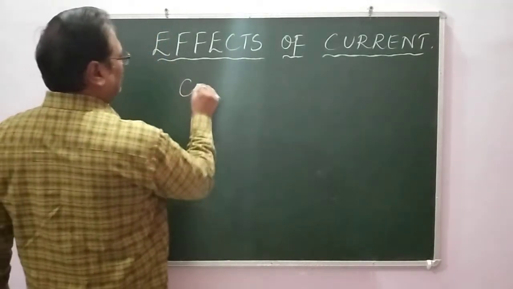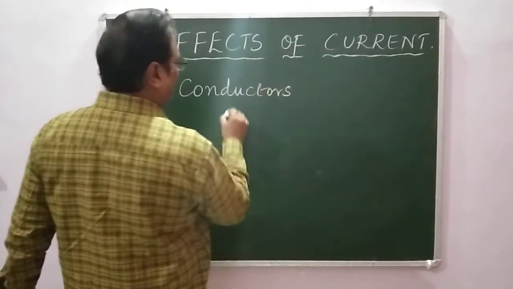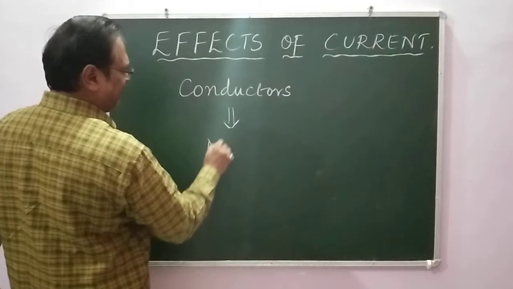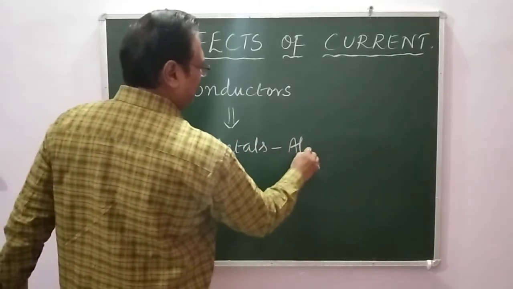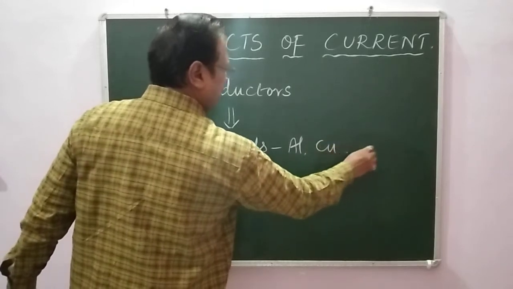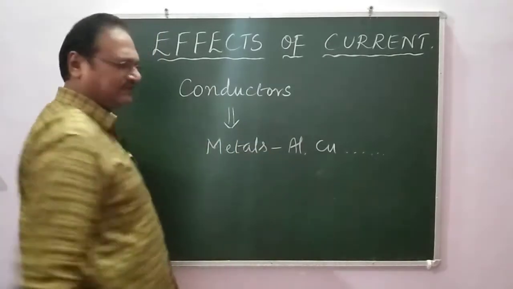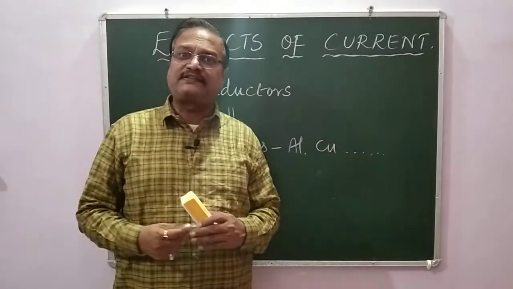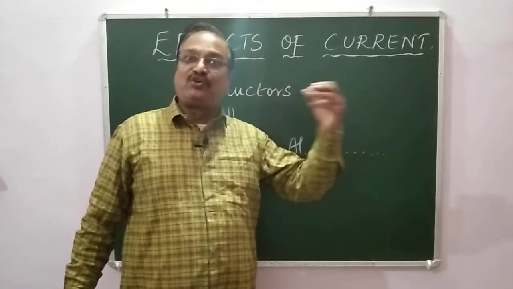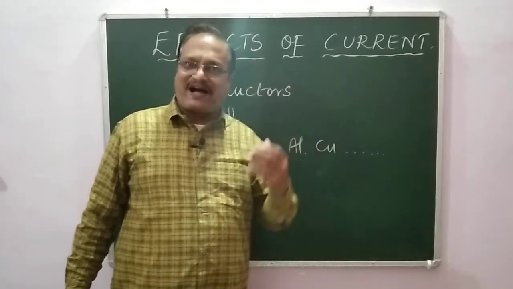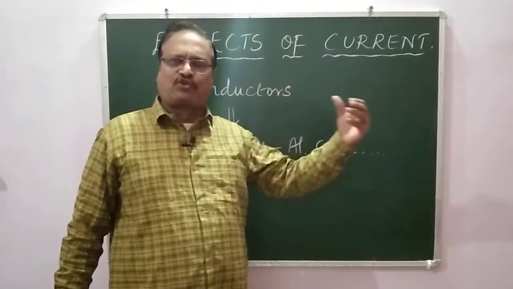One is conductors. You already know about conductors. You know about metals. I told you about aluminium, copper, any metal you can take. They all are conductors. What are conductors? Conductors allow electricity to flow through, or conductors allow electrons to flow through.